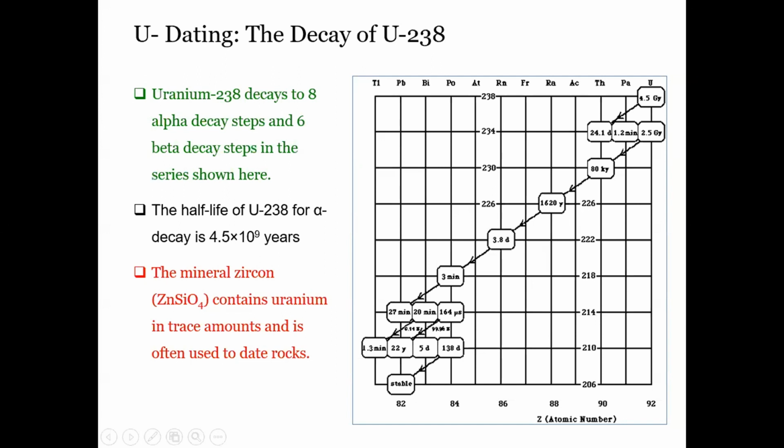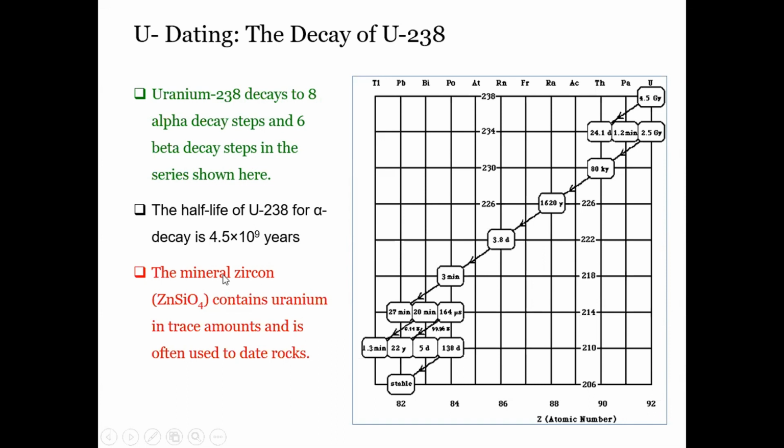Then it decays into other elements, comes to thorium, keeps on decaying to polonium, bismuth and lead, and eventually becomes stable at 206. So uranium decays in 8 alpha decay steps with 6 beta decay steps in the series, and the half-life of uranium-238 comes to be about 4.5 times 10 to the power 9 years.